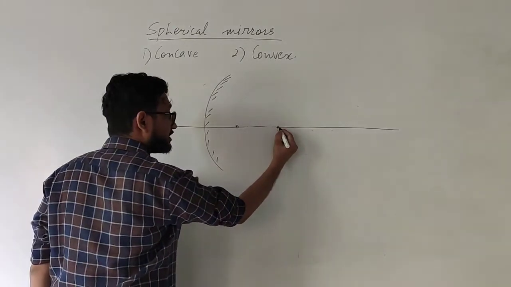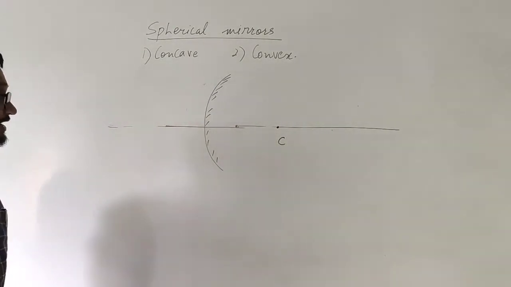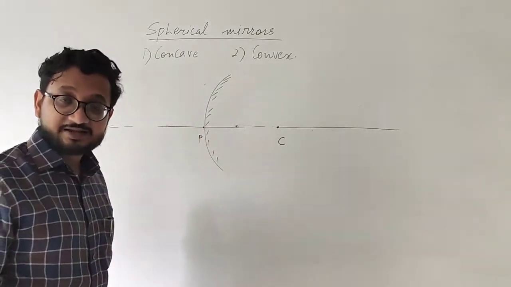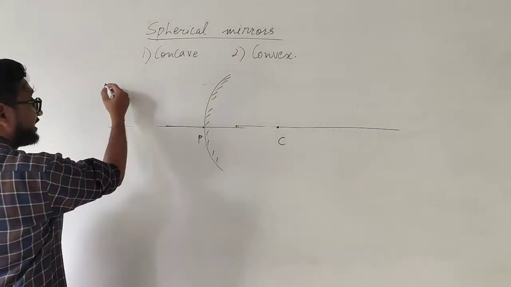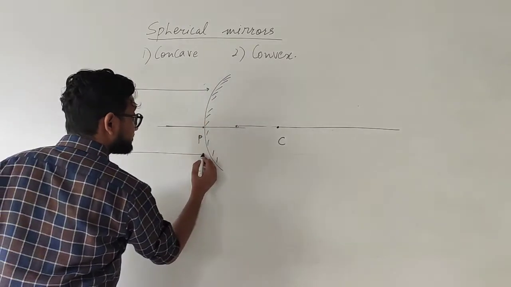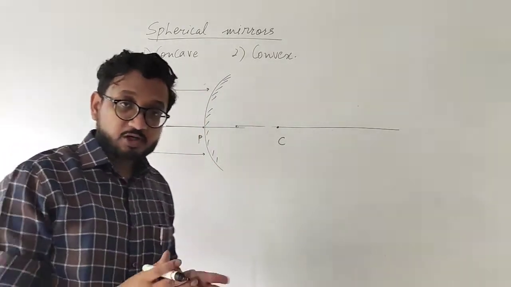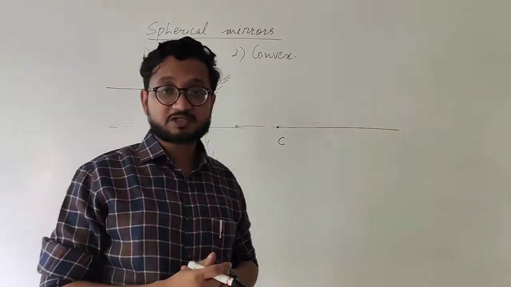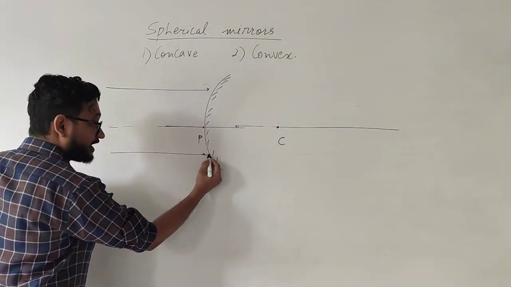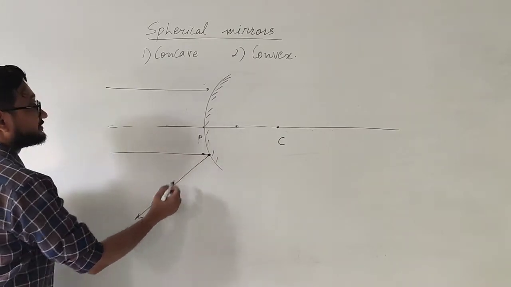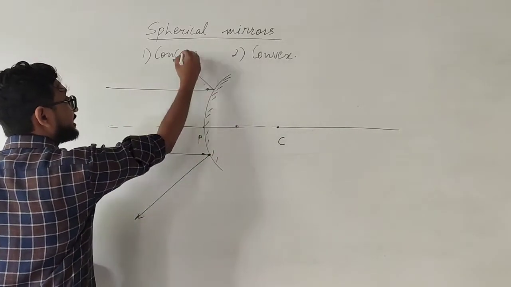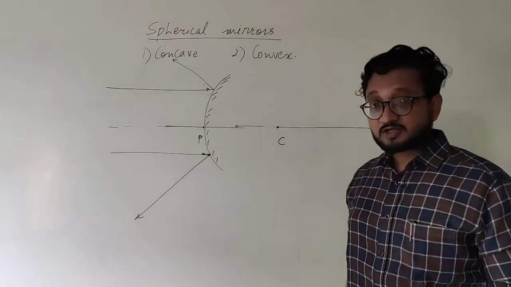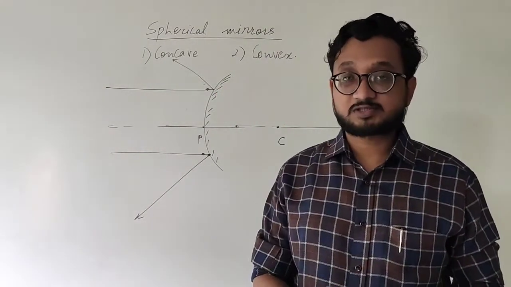We have somewhere over here our center of curvature and this is our pole. Similarly to the previous case, let's imagine two parallel rays of light approaching the convex mirror. Now because this is a diverging mirror, they are not going to meet. They are going to diverge and disperse from each other. So this ray of light after incident will diverge somewhere like this and this one will diverge like this. Okay? So they do not create a real focus point.